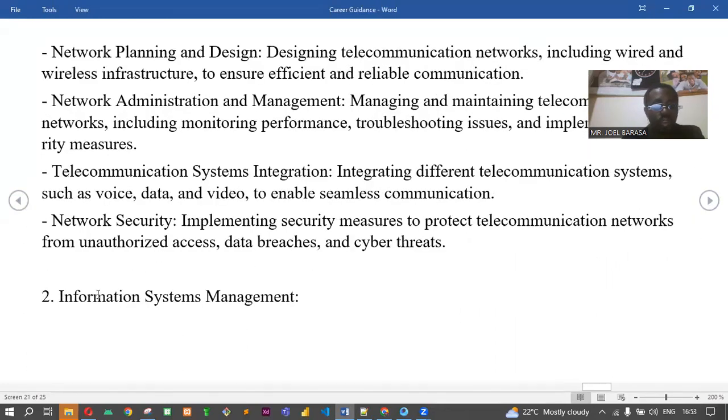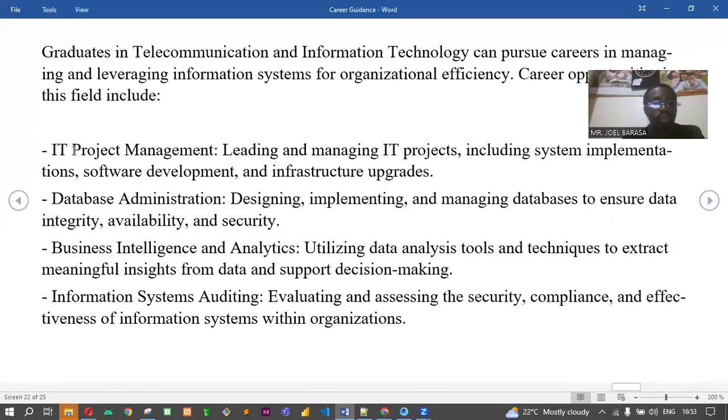Then you can deal with information systems management, where you deal with IT project management, database administration, business intelligence and analytics systems. When you're talking about business intelligence and analytic systems, you talk about utilizing data to analyze tools and techniques to extract meaningful insights and then give decisions.